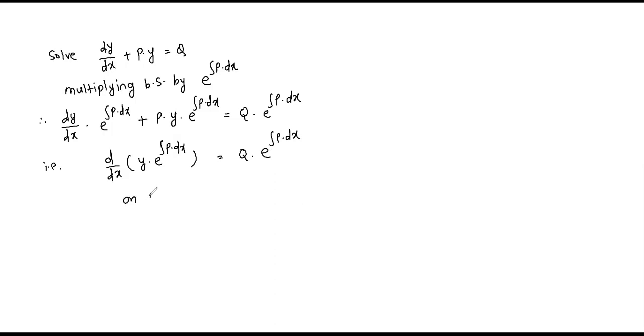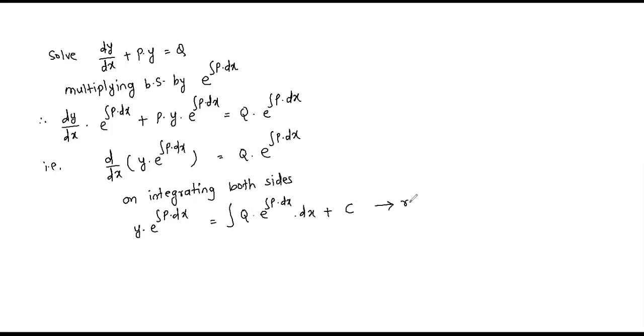Now on integrating both sides, what will I get? The integration of LHS will be y into e to the power integration of p dx, which is equal to integration of q into e to the power integration of p dx into dx plus constant c. So this will be the required solution of the Leibniz linear equation.